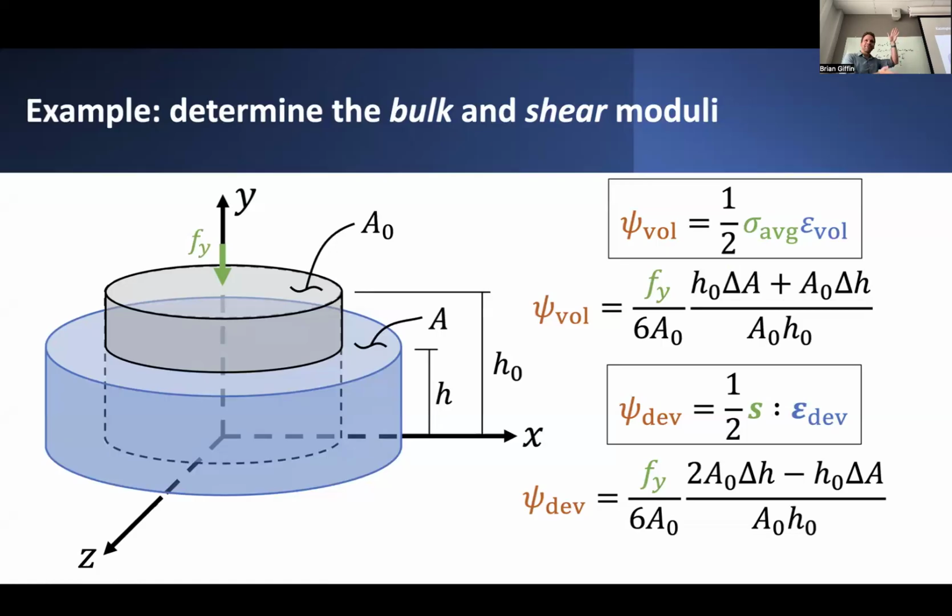You have some piece of testing equipment that's calibrated so you can measure the amount of force that you're applying. You can also measure the change in height and the change in cross-sectional area of this specimen, let's say a concrete cylinder perhaps. And you can then say, well, now I've taken all these measurements. What can I do with that? How do I quantify these different elastic properties that we've talked about in the previous lecture?